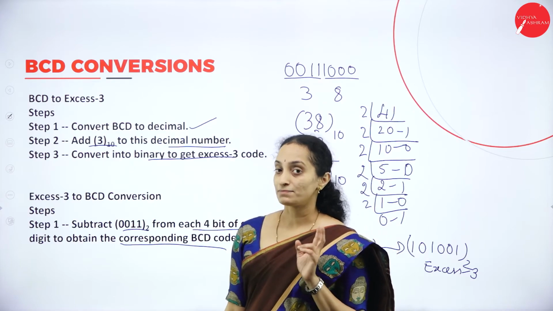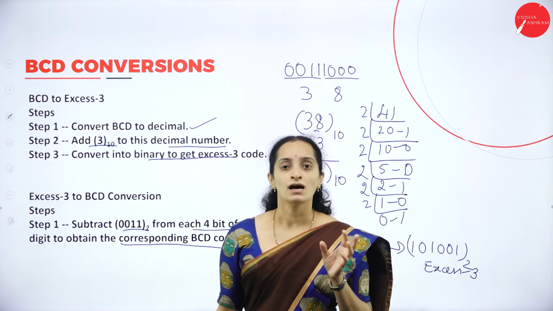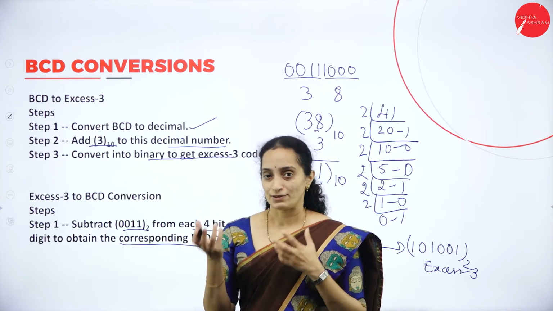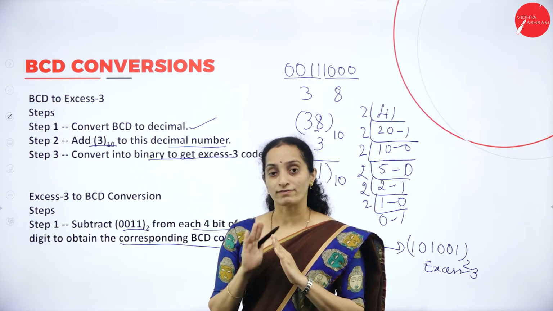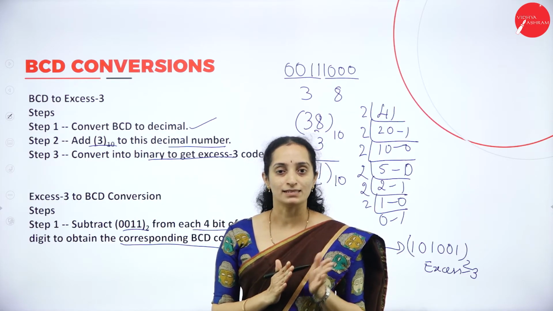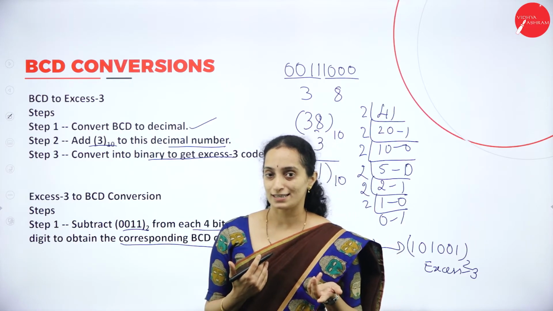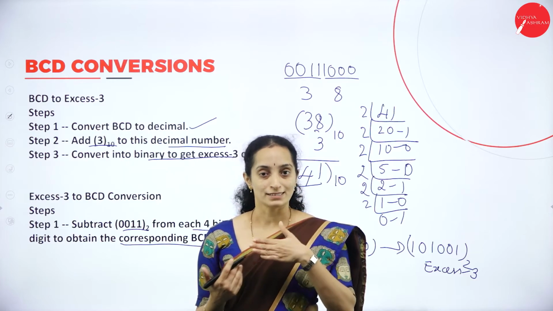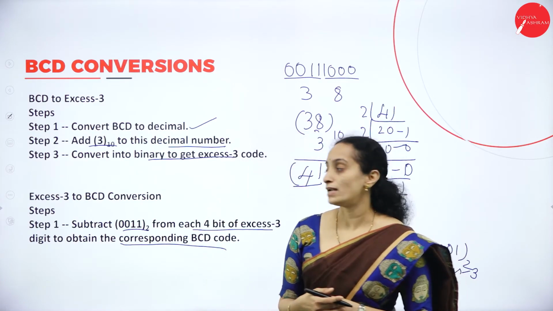Or as I said in the last session, how do you generate XS3 from BCD is by adding the equivalent of 0 0 1 1, or decimal 3, to the BCD. You will get XS3. Now we have added to generate an XS3. From XS3 to BCD, you have to subtract 0 0 1 1.